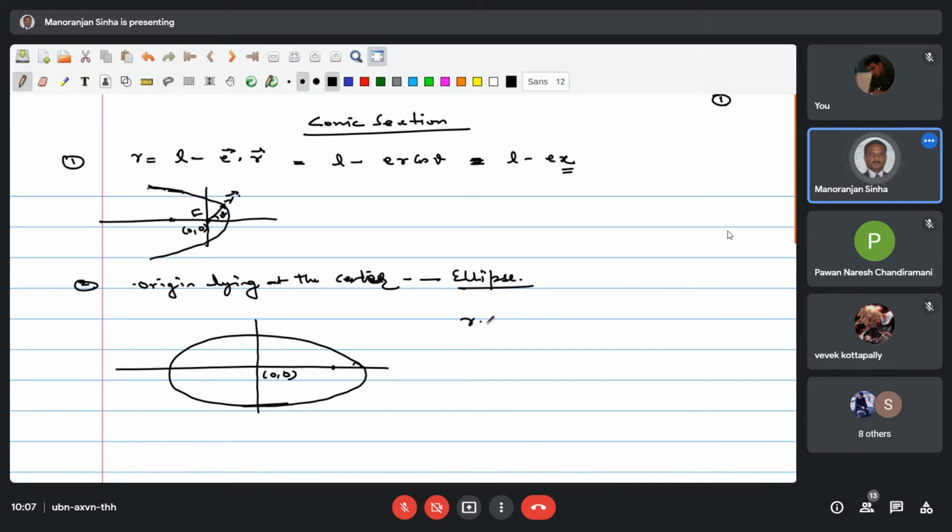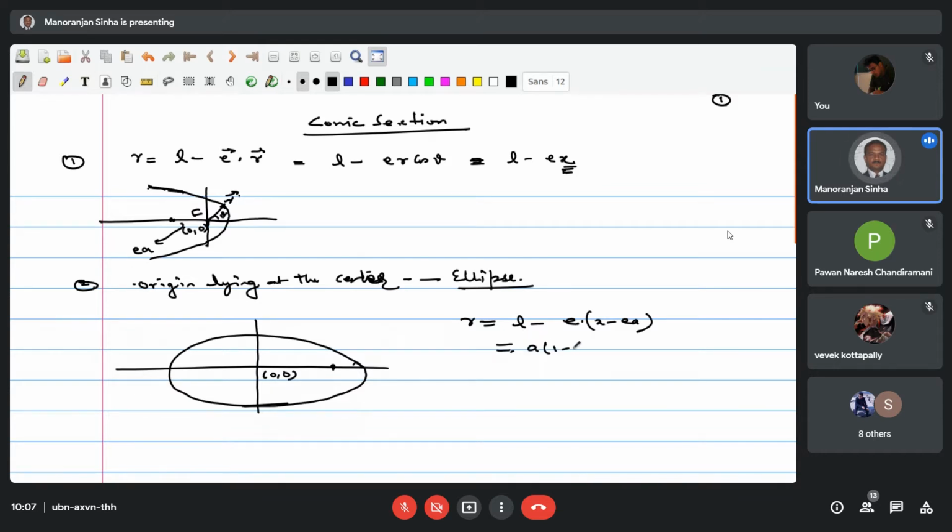So r equal to l minus e times x, and because the origin was earlier at the focus, and this distance is ae, we write here x equal to x minus ae.